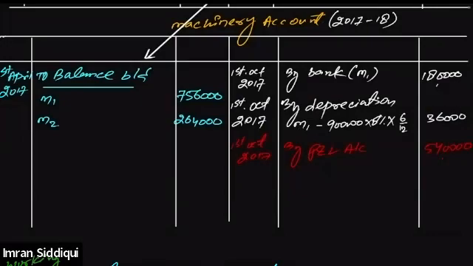Everybody, am I audible to you? Yes or no? Please respond. Pratika, Vanisha, Labiba, please tell me the machine that we have bought for rupees 2,50,000 needs to be recorded on which side of the machinery account?